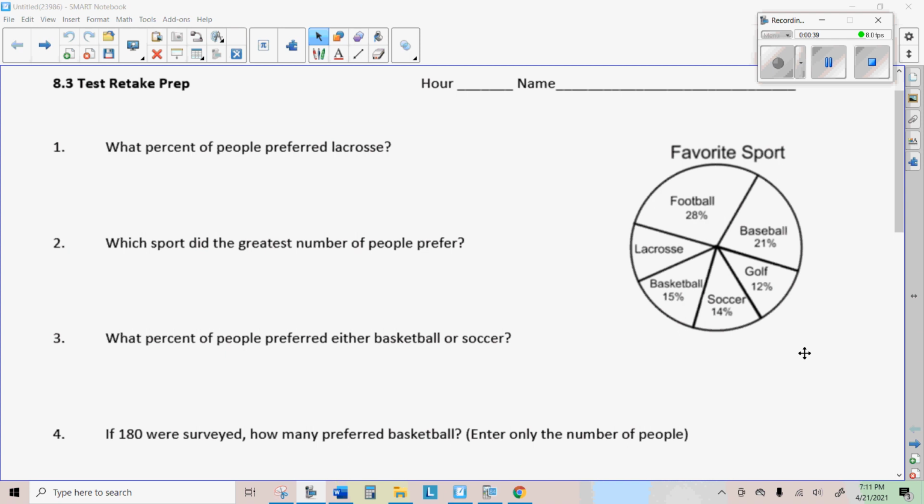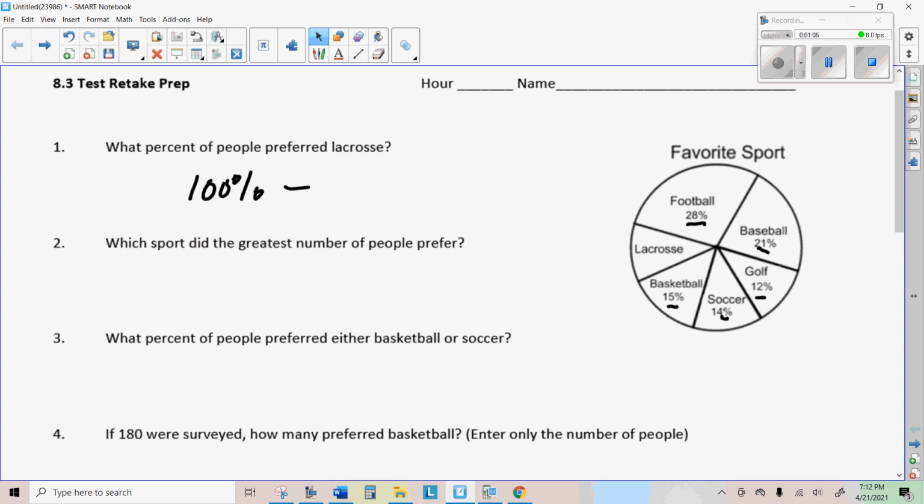So what percent of people preferred lacrosse? And that answer we need to find by checking out all the percents. Remember that a pie represents 100% total. So what I'm going to do is add up all the percents that I have and then subtract that from 100.